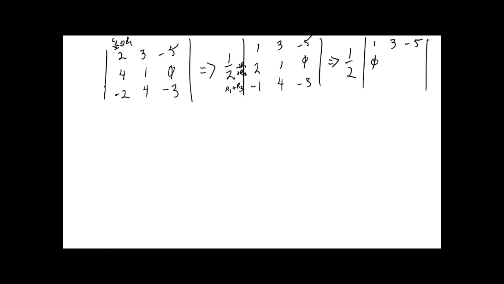Say again. Negative 2 row 1 plus row 2, right. Negative 5, right? Negative 2 times 3 is negative 6 plus 1. Negative 5? Yeah. Next.